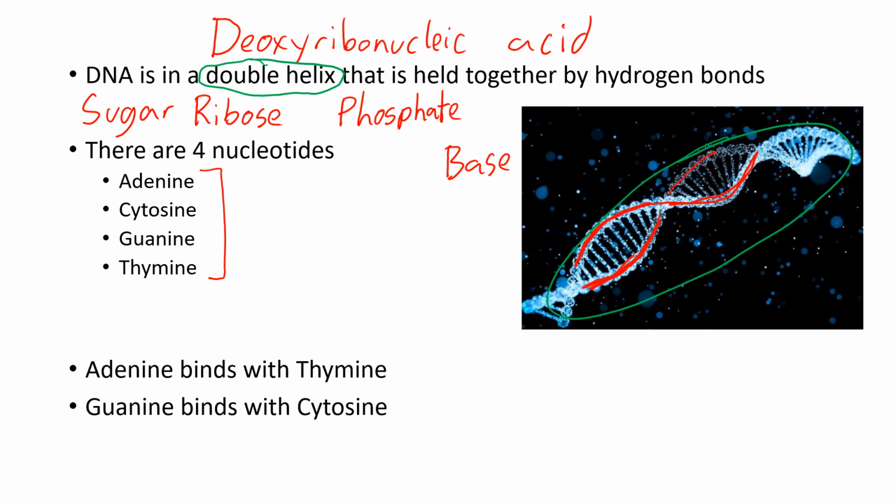Now where are the bases? The bases are these parts right in here. They connect one side of this twisted ladder to the other side using what are called hydrogen bonds, which you don't really need to know about. It's not like a chemical bond, it's just an attractive force that connects one side to the other. But right in the middle is where the bases are, and on the outside is the sugar and phosphate.